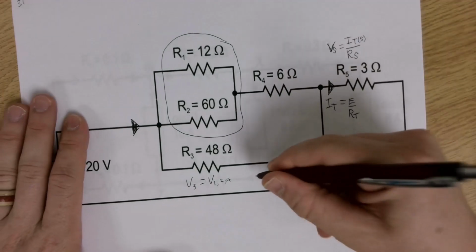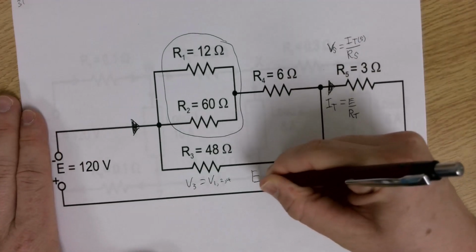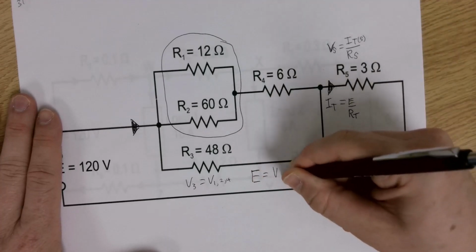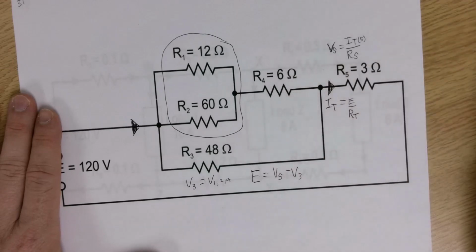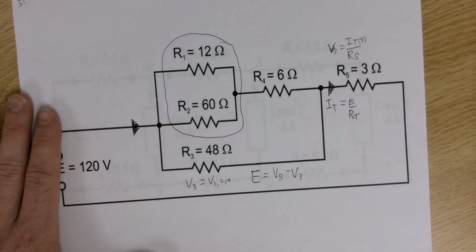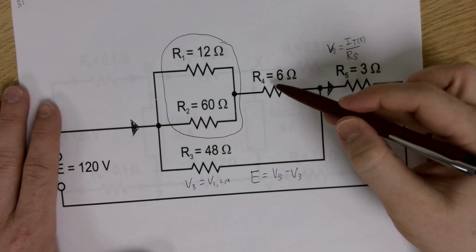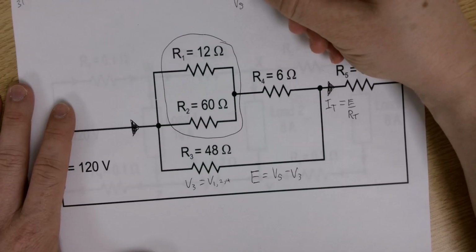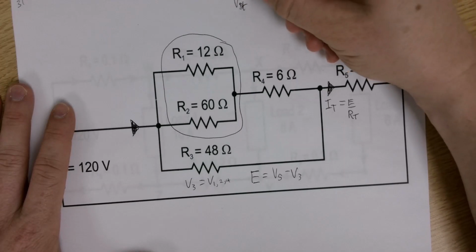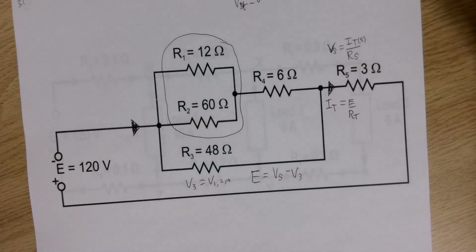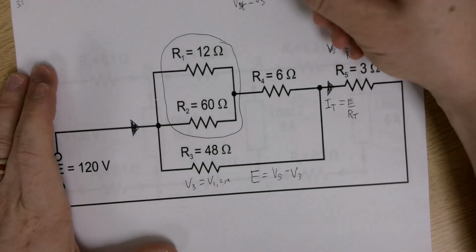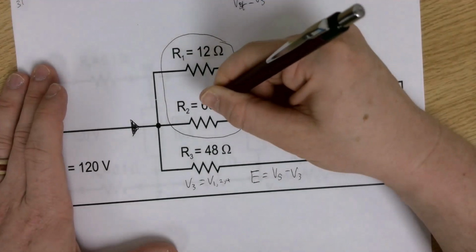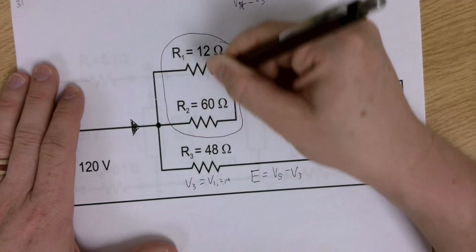Pardon me. I could also say, well, yeah, I know E is equal to V5 minus V3. I know that V4 would be equal to V5 minus either V1 or V2, because these two resistors will have the same voltage value.